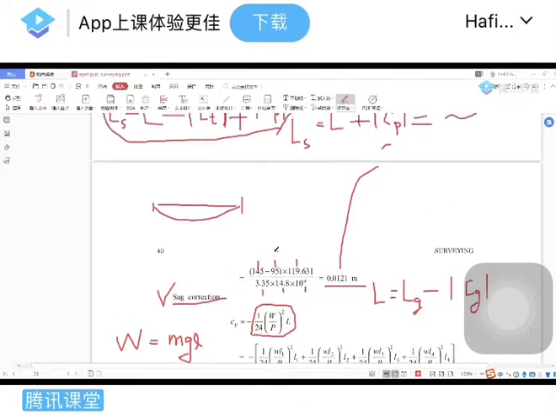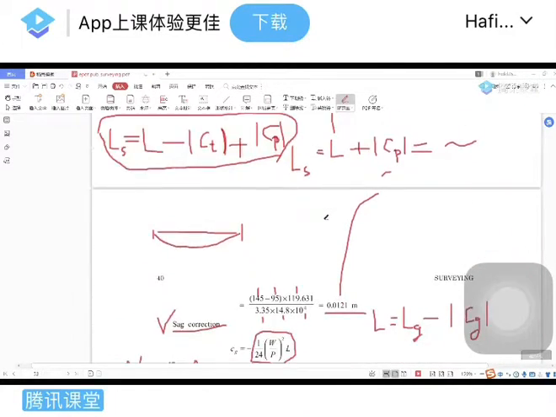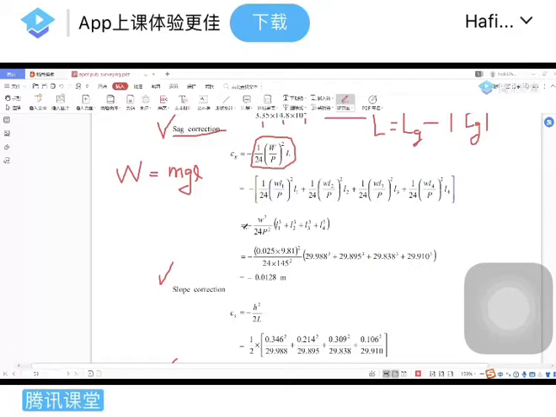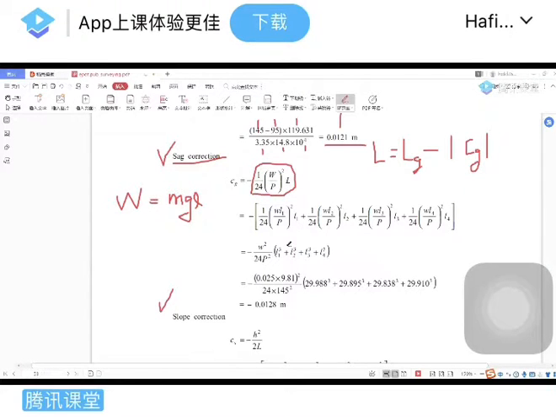So look at the first one. The first one you measure is 29.9888. It's over here. I think it's already put everything together, so you cannot see any of that, but I'll explain. Basically, look at one span like this.